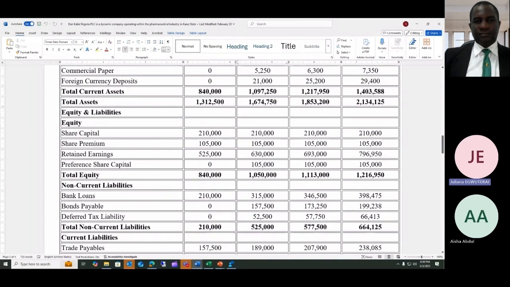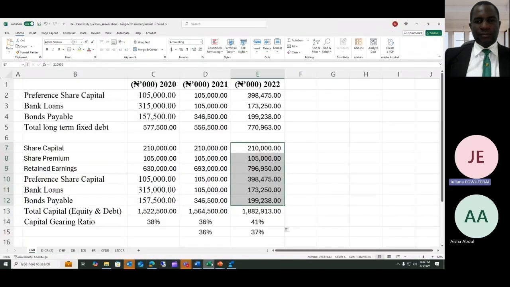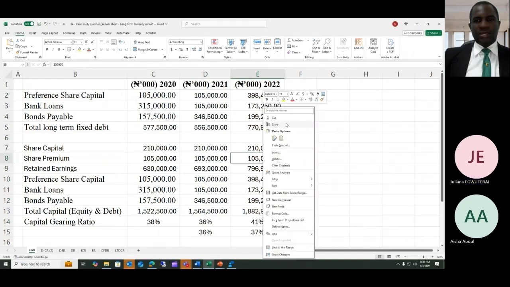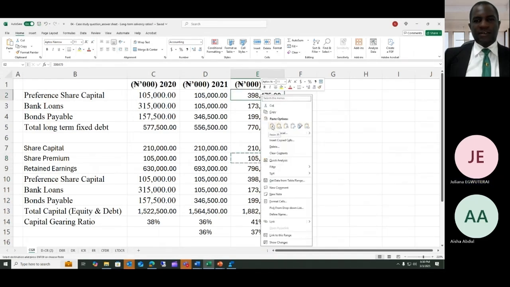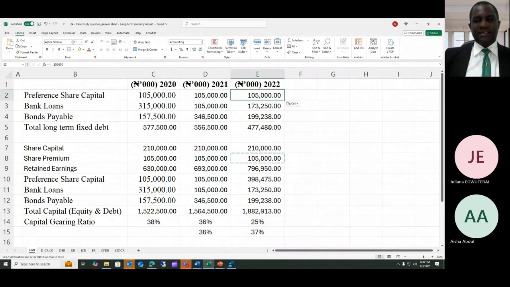Look at your calculation, please. Preference share capital is 105,000. It means, yes, up there. Preference share capital is 105, not 39. Yes, exactly. That was it. Okay, let's see again. 105.